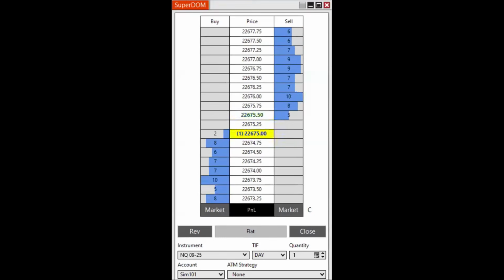When you put Superdome on, you should see more than just one line, right? Your Superdome should have more than one line with numbers of orders if you have level two data. Otherwise, it would just show one line. If you have a whole bunch, then you have level two. Okay, so I hope that helps.